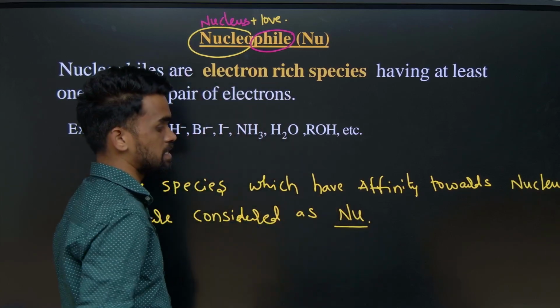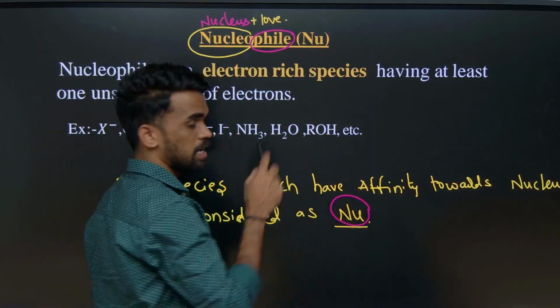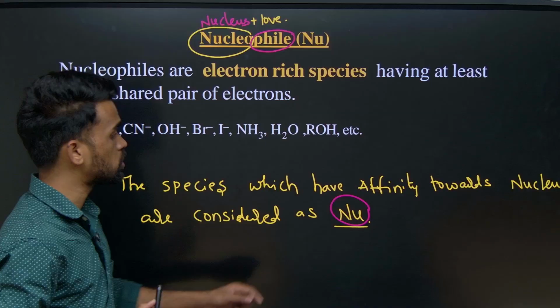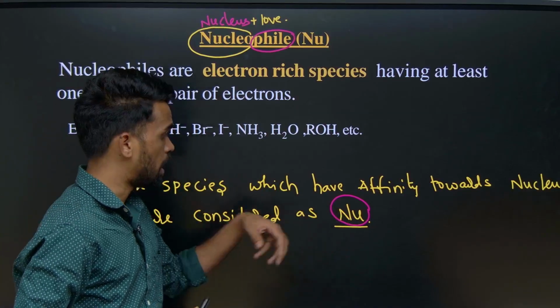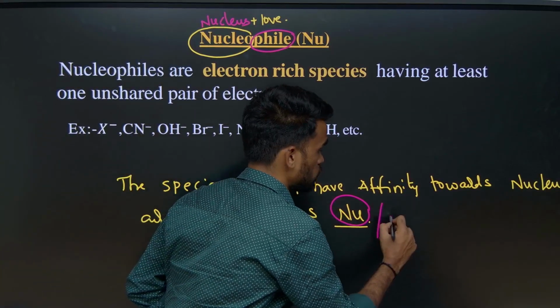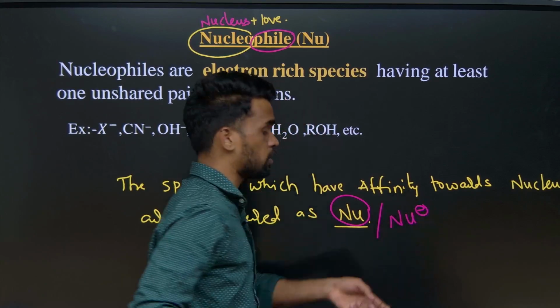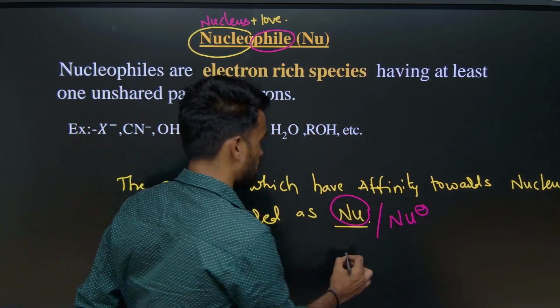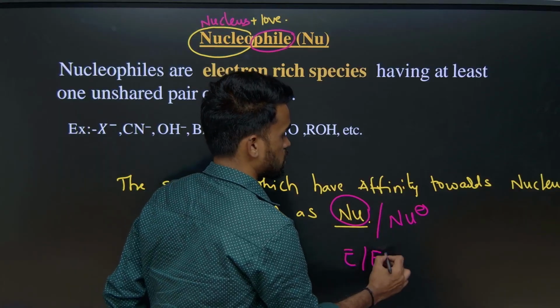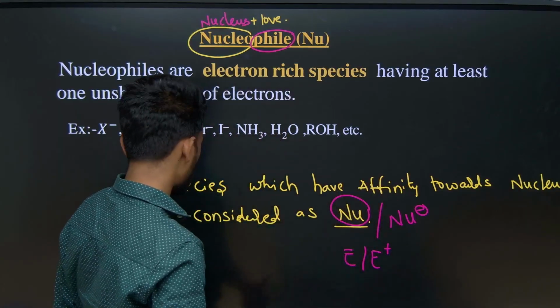Nucleophile is represented with the symbol Nu. If it is neutral you can use Nu, if it is charged you can use Nu minus. Similarly for an electrophile, if it is neutral you can just use E, if it is positively charged, you can use E plus.